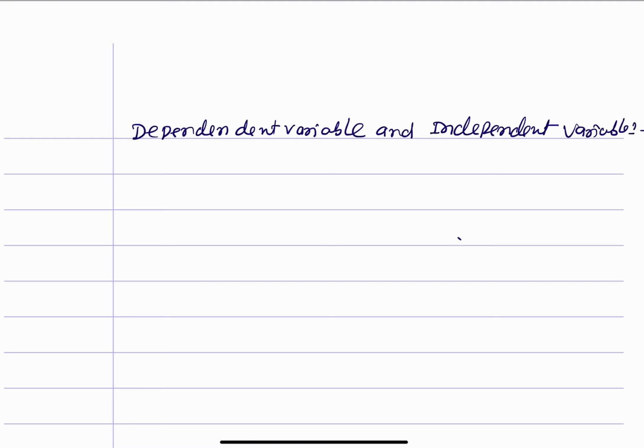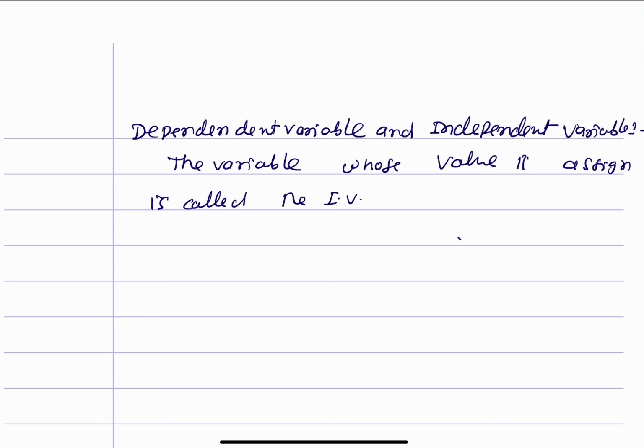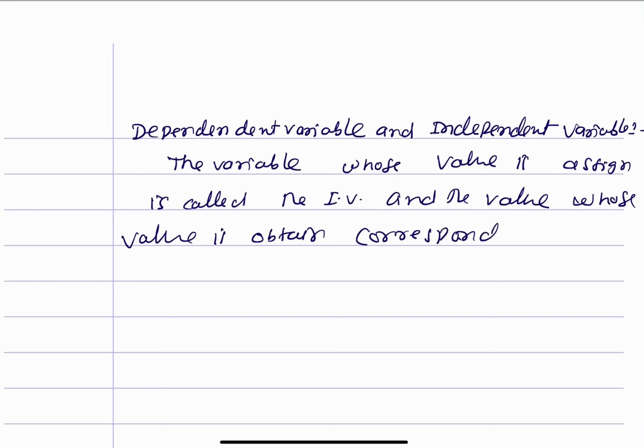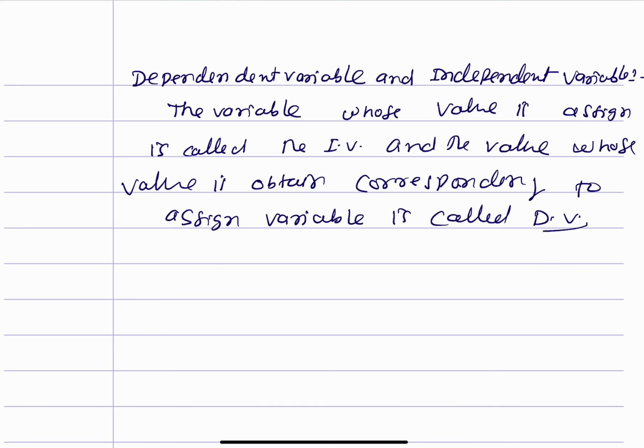So the variable whose value is assigned is called the independent variable, and the variable whose value is obtained corresponding to the assigned variable is called the dependent variable.